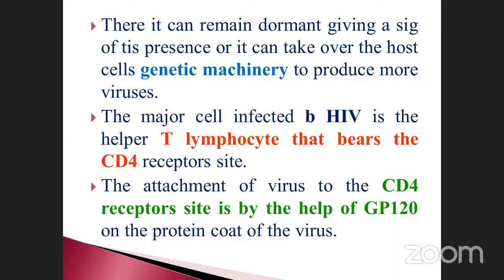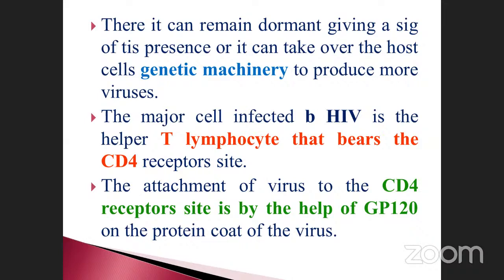It can produce its own genetic material and also its own viruses. It produces a number of viruses because all the control is done by HIV. The production is similar to that of viral dependent DNA.